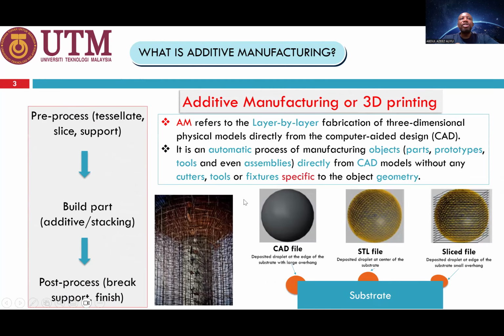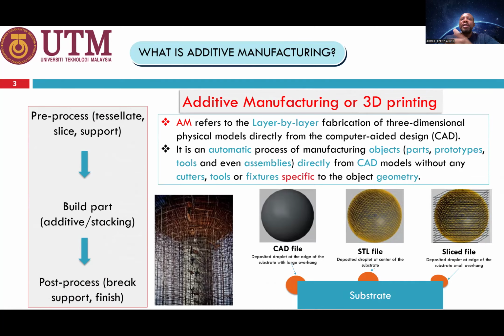The first stage is pre-process, which involves the formation of a CAD file. This CAD file needs to be converted into a language that the machine can understand, referred to as an STL file.